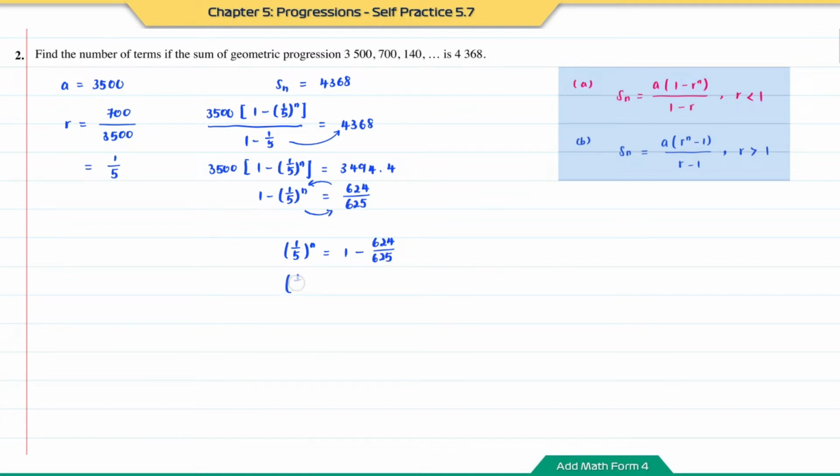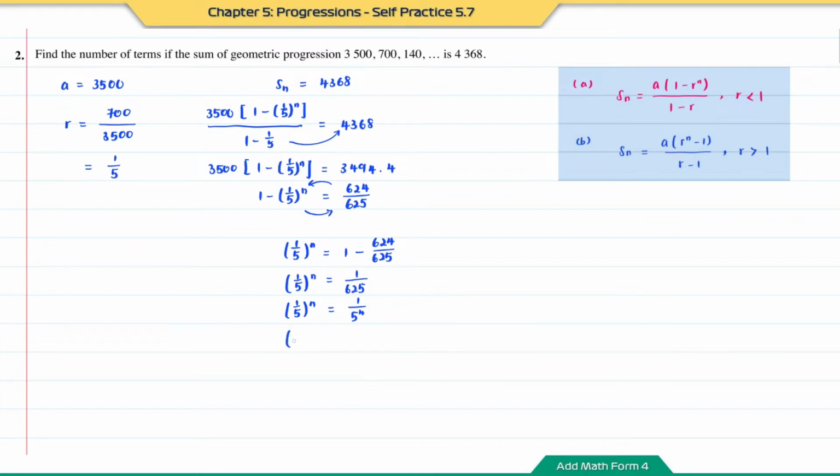So the answer on the right hand side will be 1 over 625. Now this 625, we can write as a number in base 5. This is the same as 5 to the power of 4.